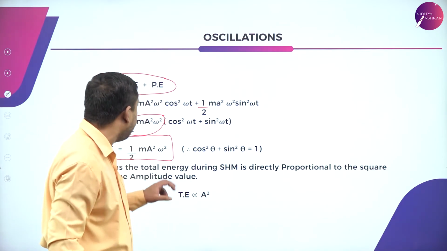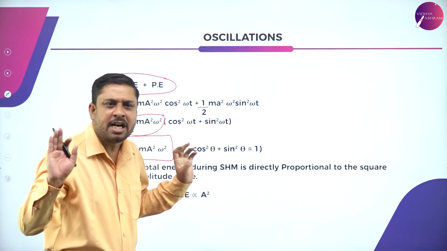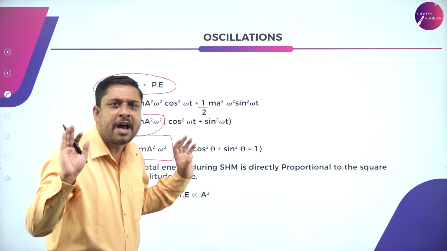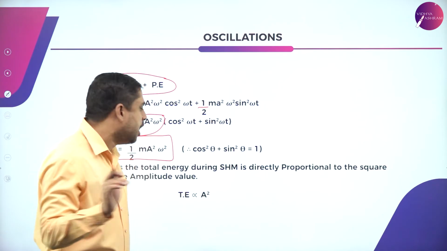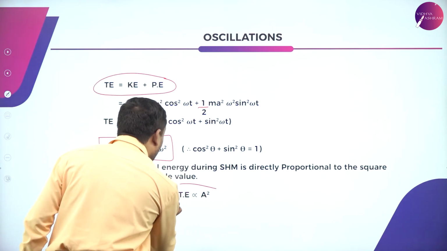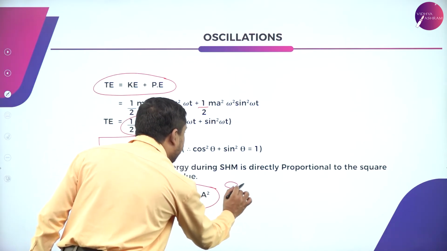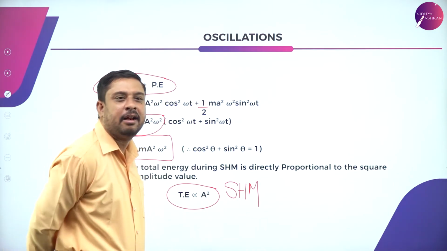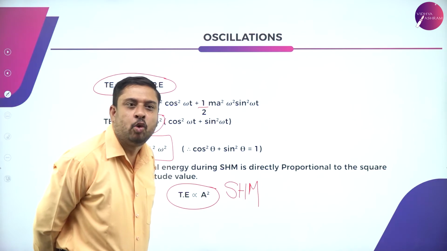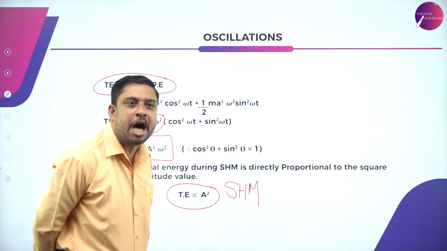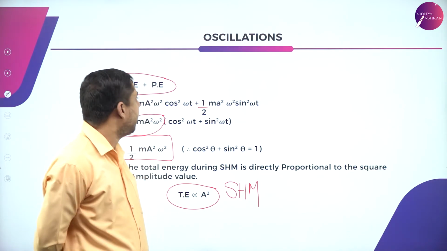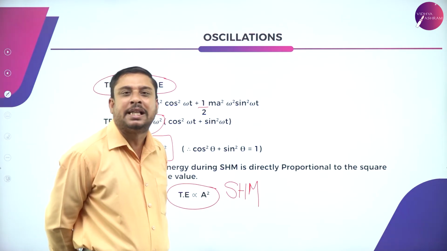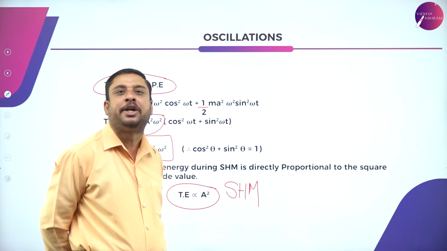And if you observe, m, the mass of the particle, is constant. Angular velocity is constant. So the total energy of any particle executing simple harmonic motion is directly proportional to the square of its amplitude.